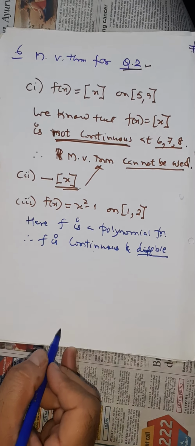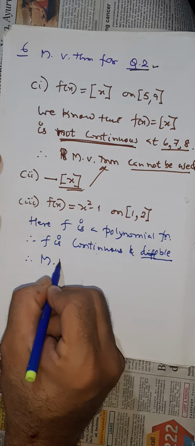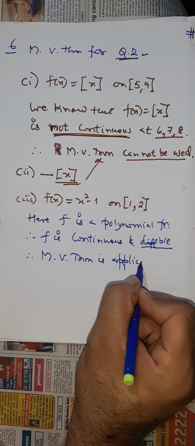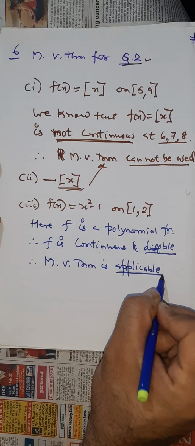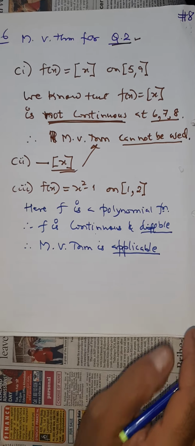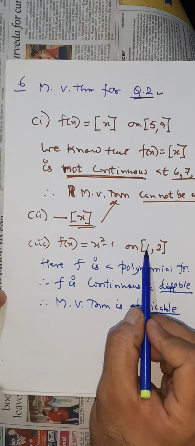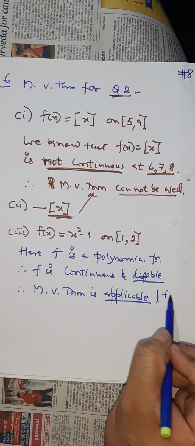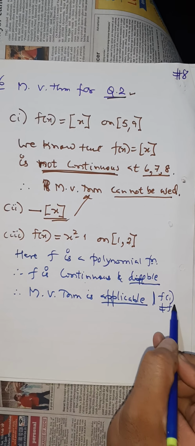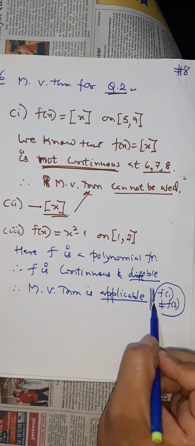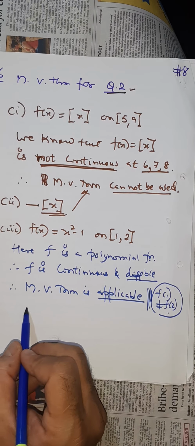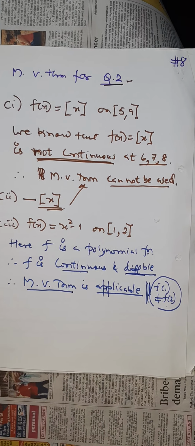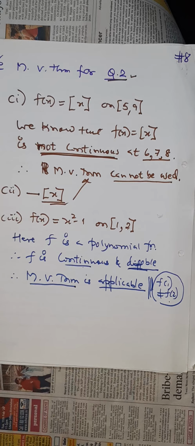You require just two conditions for mean value theorem, and therefore mean value theorem is applicable here. You can use the mean value theorem and find c. Rolle's theorem is not applicable, we already discussed, because f of 1 is not equal to f of 2. So earlier we noted that the third condition doesn't hold, and therefore Rolle's theorem is not applicable. But mean value theorem is applicable because there we require just two conditions, continuity and differentiability.